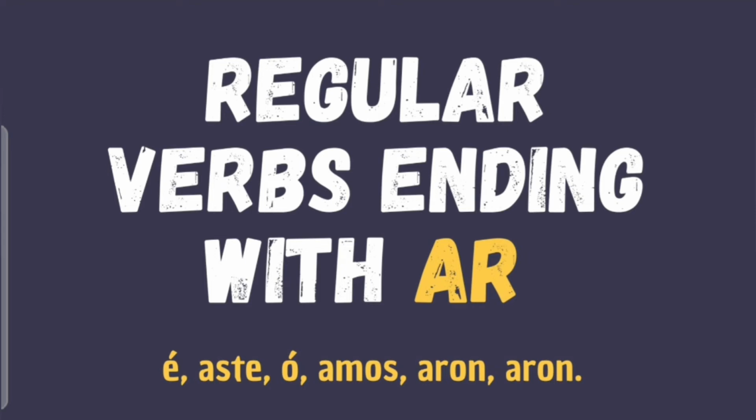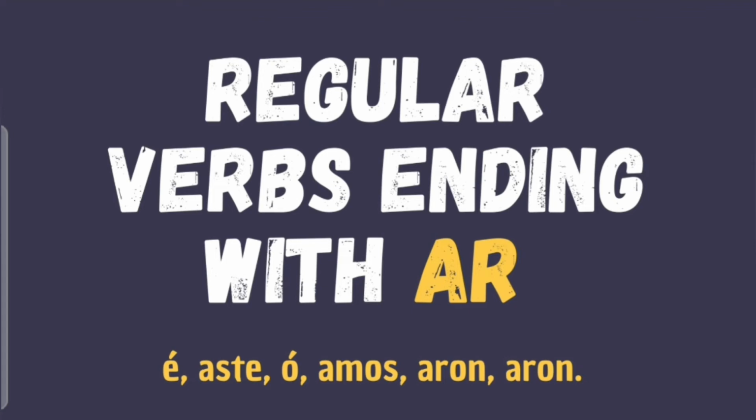The same with the personal pronoun they, ellos, if you're talking about a group of boys, or ellas, a group of girls: your verb in the indefinite past has to end with aron.